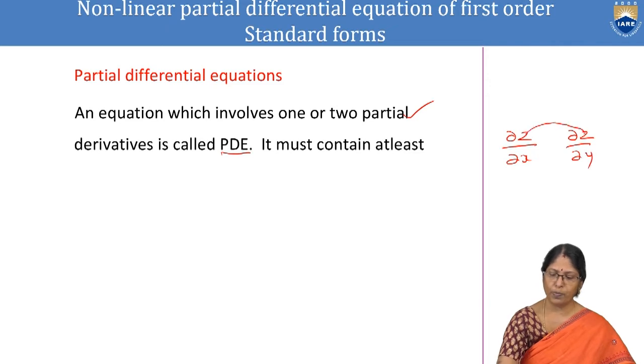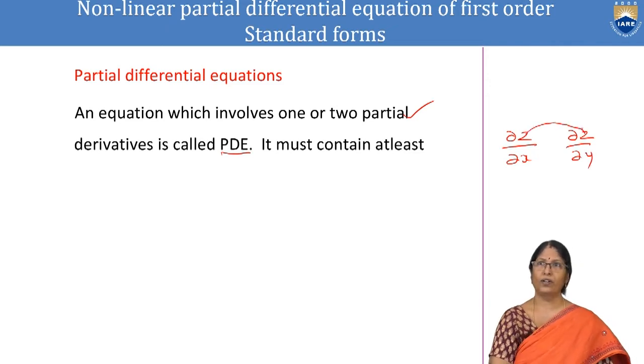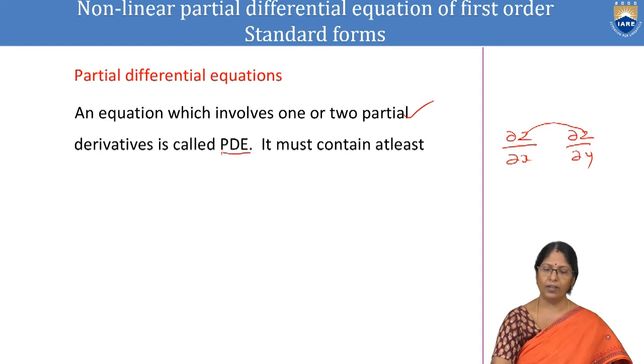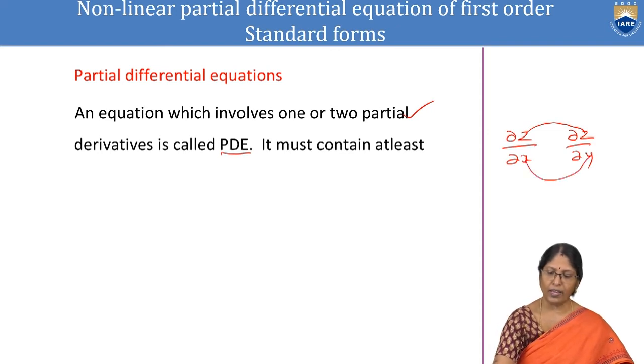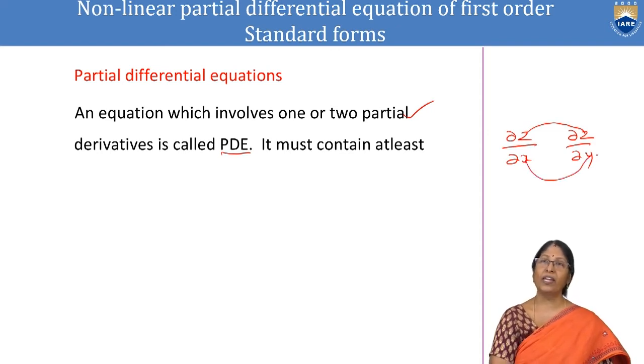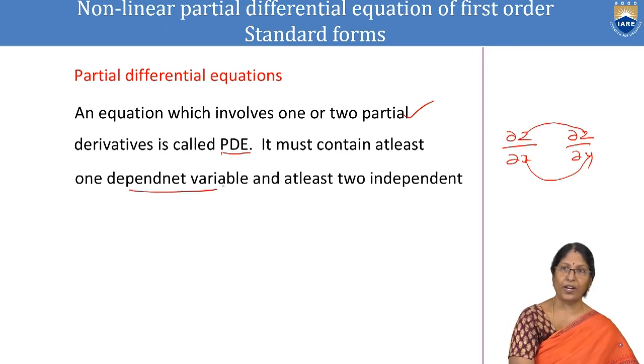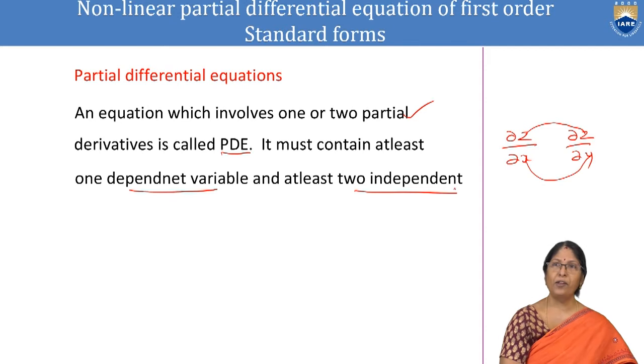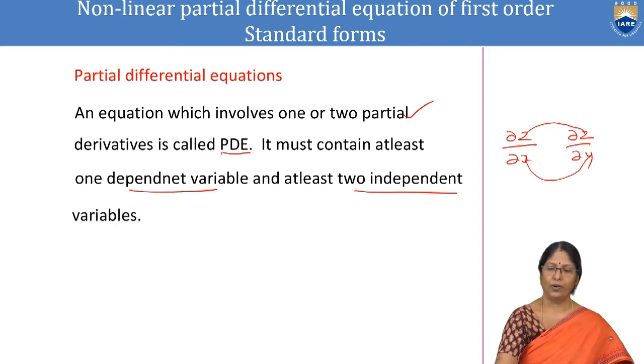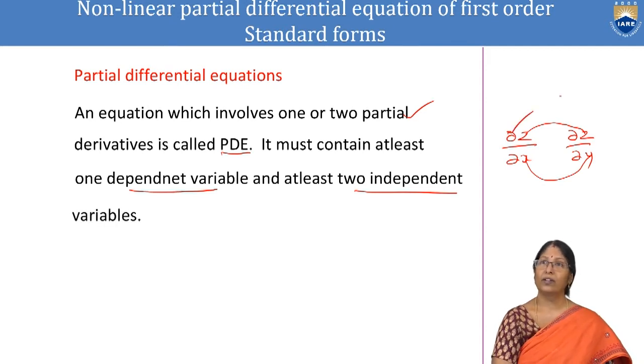Here z is playing the role of dependent variable, and x and y are playing the role of independent variables. The symbol dou represents a partial derivative. So the given equation is a partial differential equation.